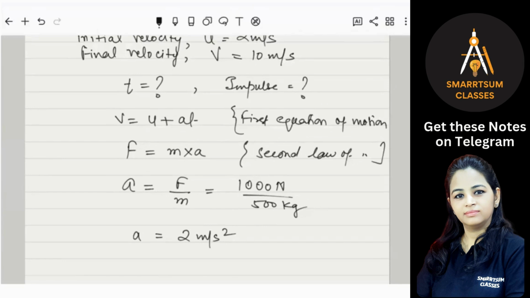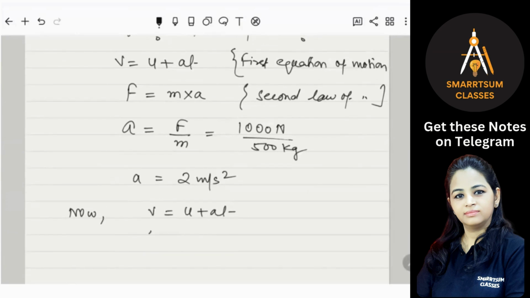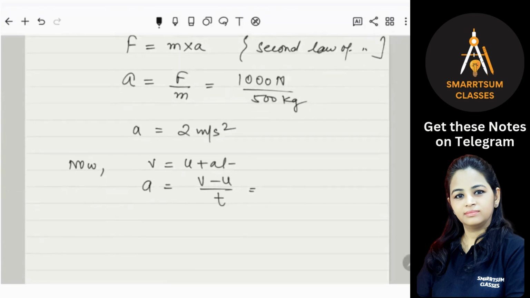Now see the second part. Since we have got the acceleration, now we can easily use the first equation of motion to find the time. So v is equal to u plus at, so a is equal to v minus u upon t. Change in velocity with time is acceleration, right? So what is the final velocity? Final velocity is 10 and initial velocity is 2.